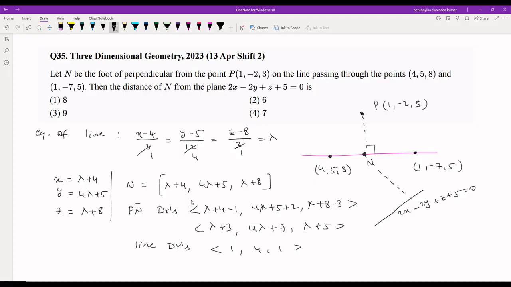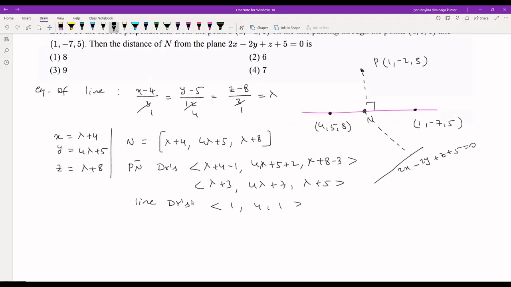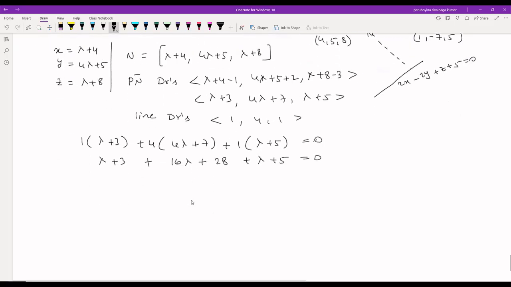And here you can see both are perpendicular. So 1 into lambda plus 3 plus 4 into 4 lambda plus 7, plus 1 into lambda plus 5 equal to 0. So lambda plus 3 plus 16 lambda plus 28 plus lambda plus 5 equal to 0. 18 lambda plus 36 is equal to 0. Lambda is equal to minus 2.